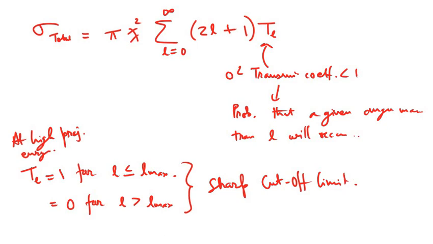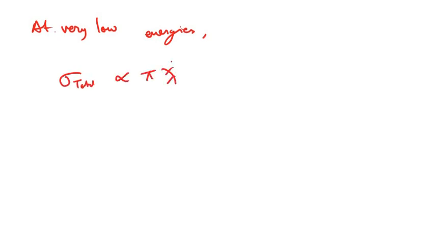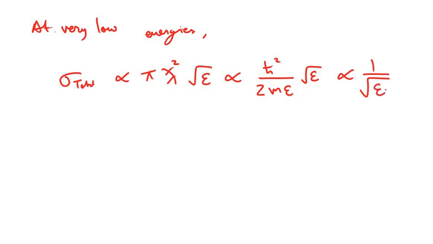Fine. Now what happens at lower energies? At very low energies, we have sigma total proportional to pi lambda-bar square into root E, which is again proportional to h-bar square by 2 m epsilon into root E. As a result, we get this whole thing proportional to 1 by square root of energy.